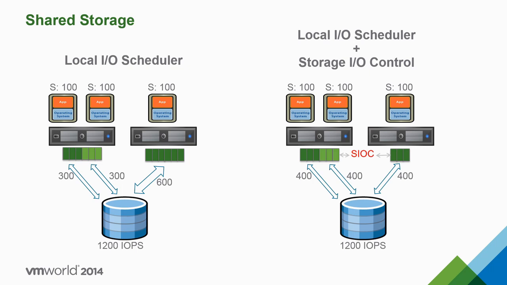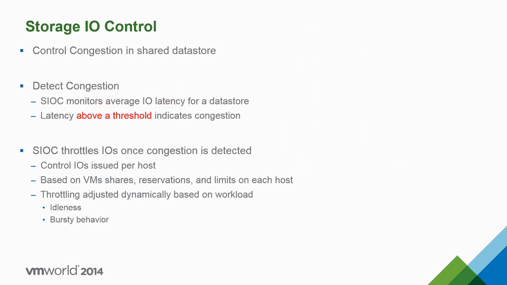Notice that this is critical. You can't really implement this on a single isolated ESX host. The coordination across the ESX hosts is absolutely necessary to provide these controls in a cluster.